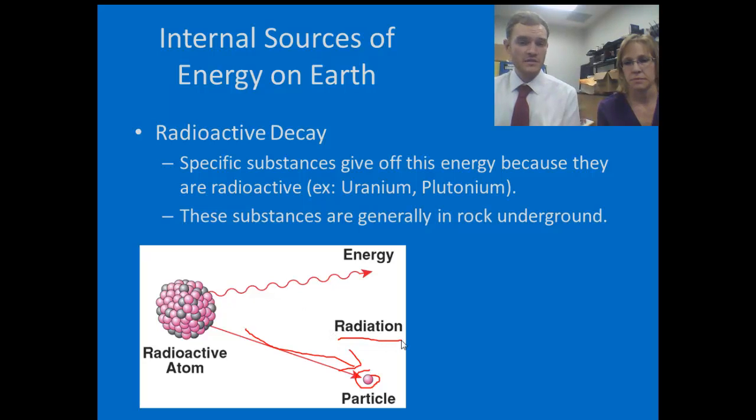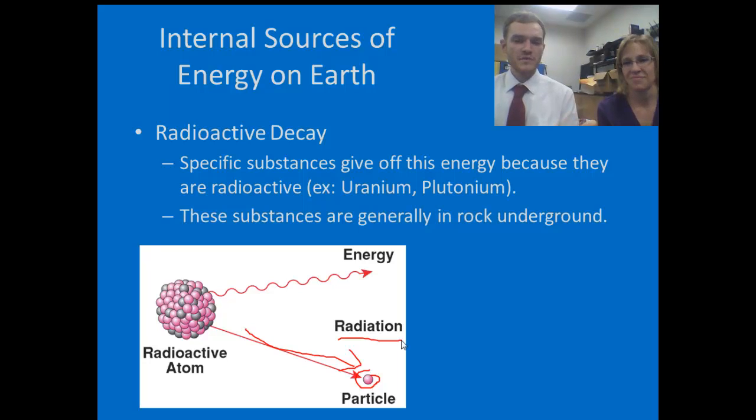We talked about radiation coming out of the sun, and now we can talk about radiation coming out of these radioactive atoms. But it's only specific types of elements that have these radioactive atoms, and the most common ones on Earth are uranium and plutonium. And these substances, you won't find like a pile of uranium somewhere.